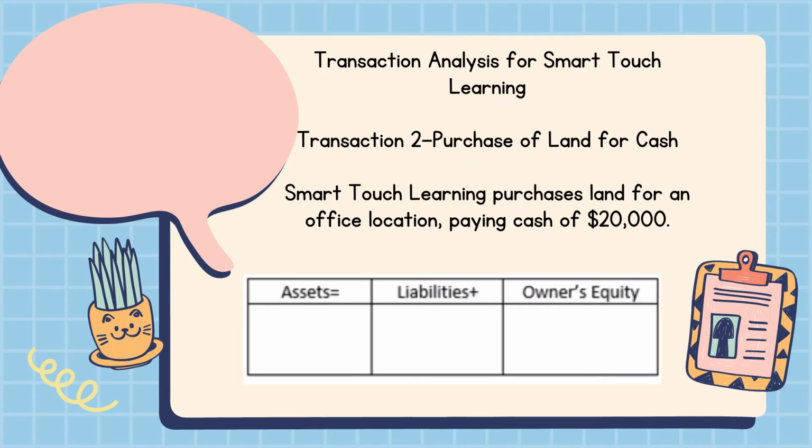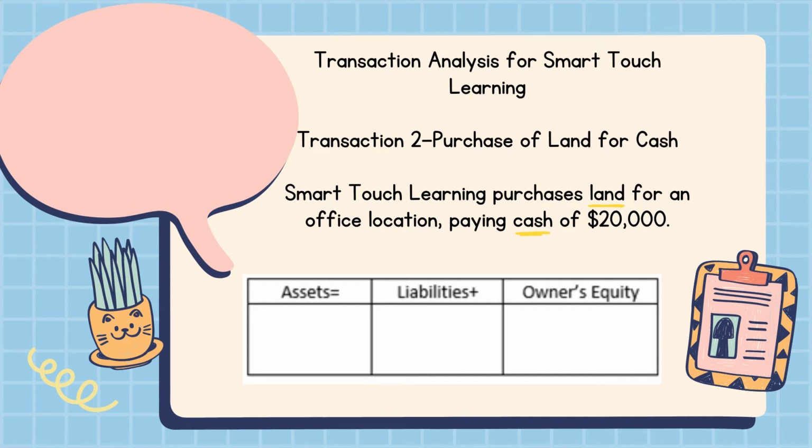Transaction 2, purchase of land for cash. Smart Touch Learning purchases land for office location, paying cash of $20,000. So purchases land, so this is the first account affected by this transaction. I paid cash. So my cash has decreased by $20,000.